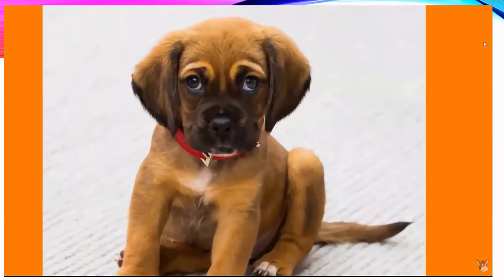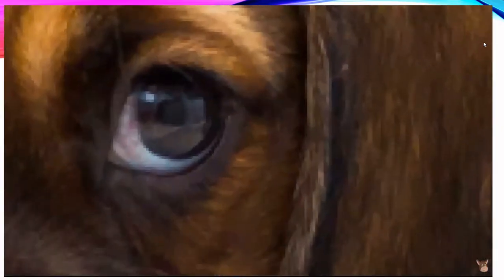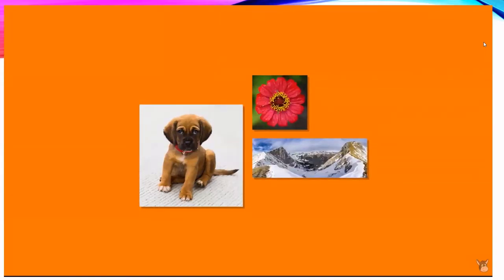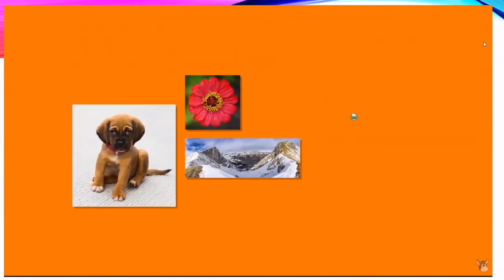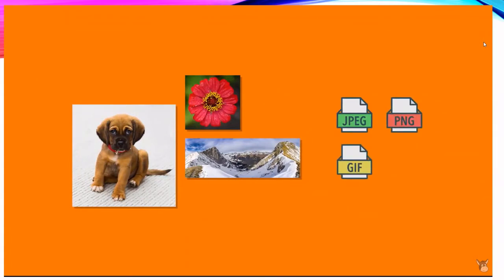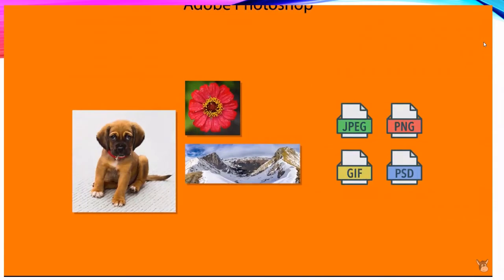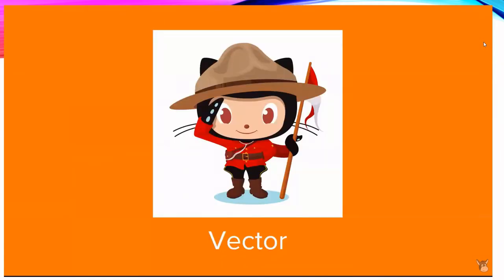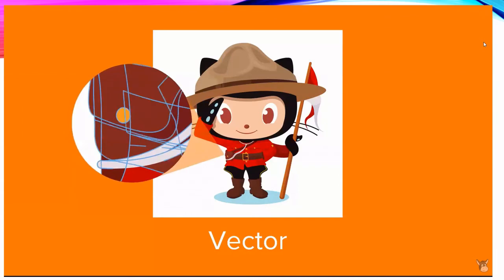But as you begin to scale the image beyond its original size, you may notice a drop in quality. Photographs are the most common type of raster image. The most common file extensions for raster images are JPEG, PNG, GIF, and PSD. And the most popular tool for creating and editing raster images is Adobe Photoshop. Vector images are made up of different mathematical paths. This means that they are relatively simple.